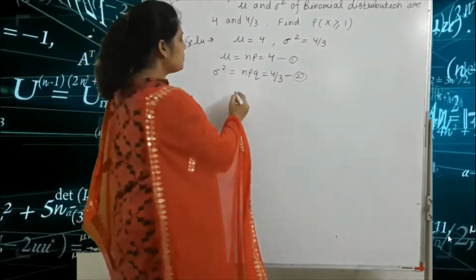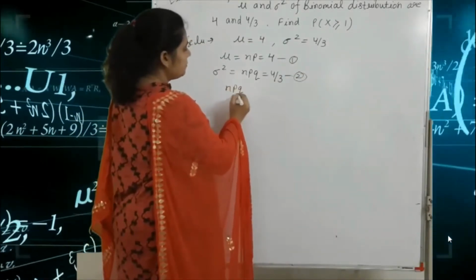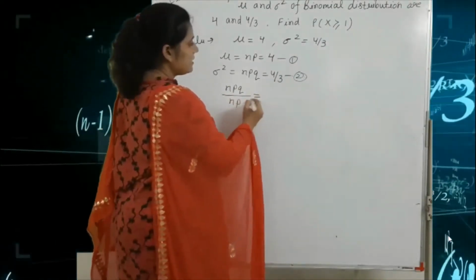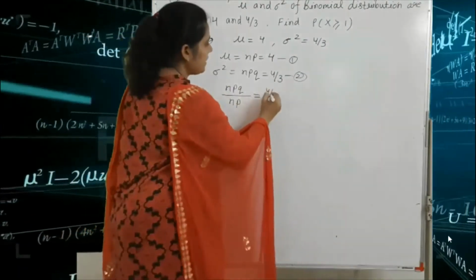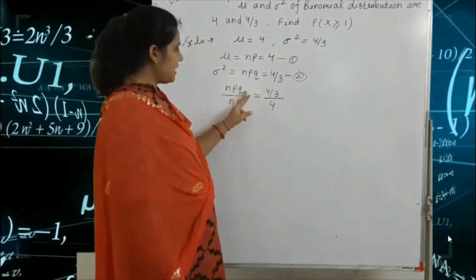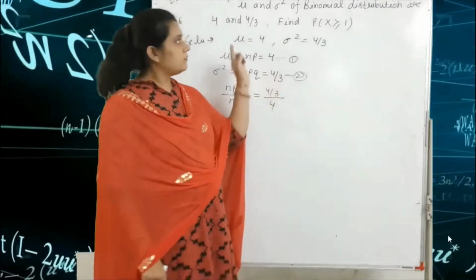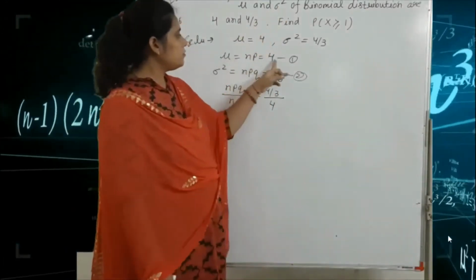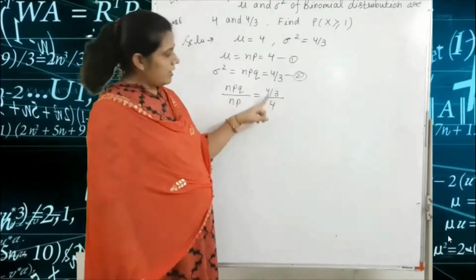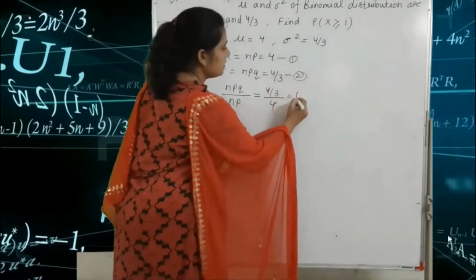Okay, so first npq divided by np is equal to 4 by 3 divided by 4, because npq is equal to 4 by 3 and mu is equal to np is equal to 4. So here 4 cancels and this is equal to what? 1 by 3.